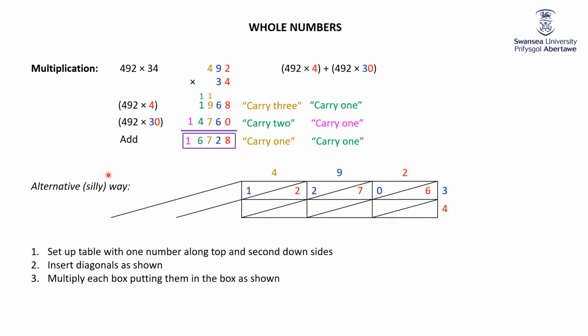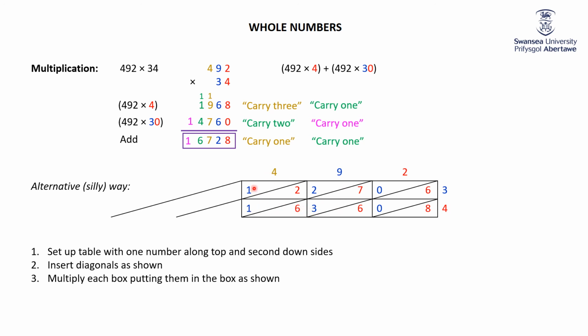Okay, so what we've got here then is 3 times 2 is 6, or 0, 6. Okay, 3 times 9 is 27, so 2, 7. 3 times 4 is 12, so 1, 2. Now I'll put in the next boxes. 4 times 2 is 8, 4 times 9 is 36, and 4 times 4 is 16.